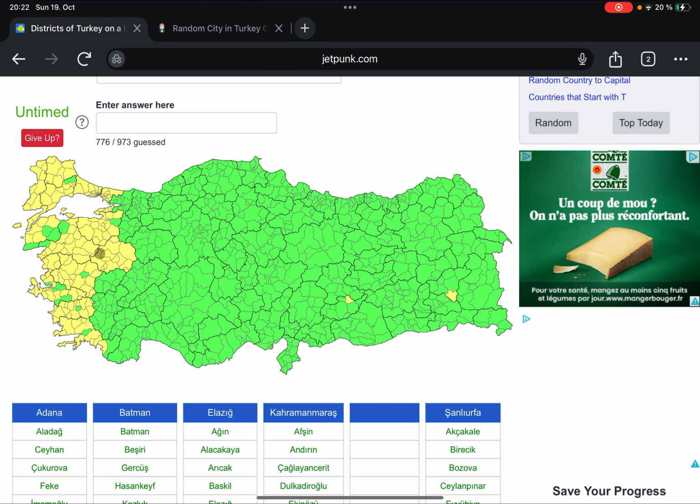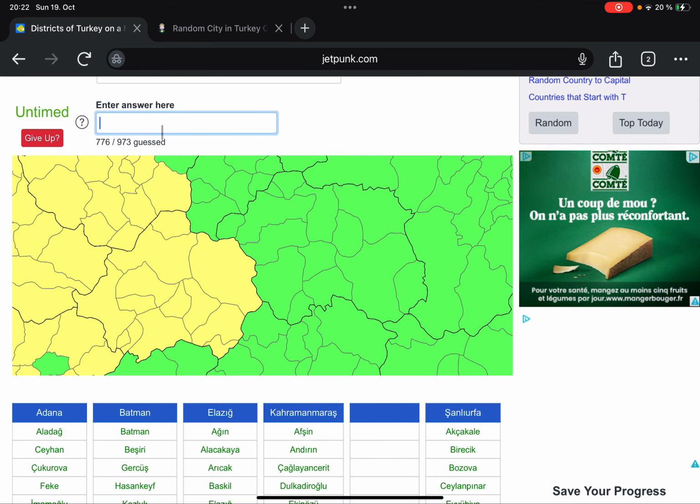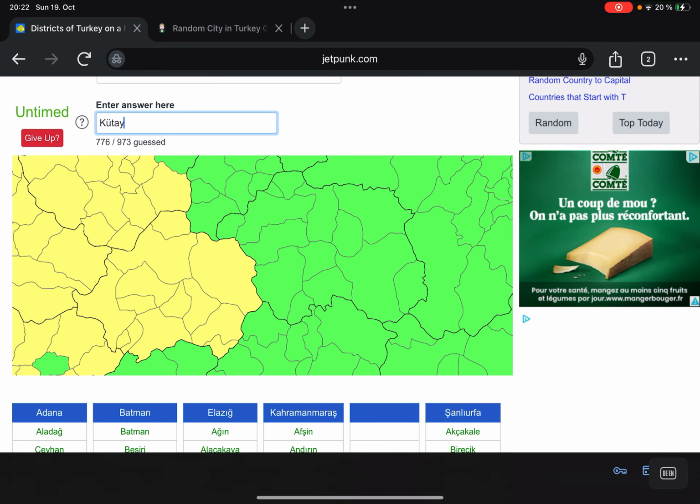Alright, passing on to the province of Kütahya. And in Kütahya we have not just the capital district Kütahya, but also Aslanapa. We have Dumlupınar.